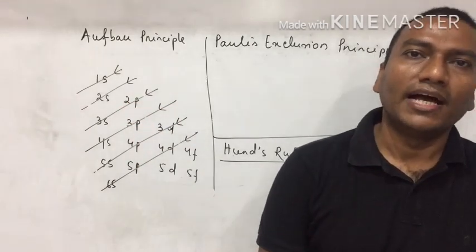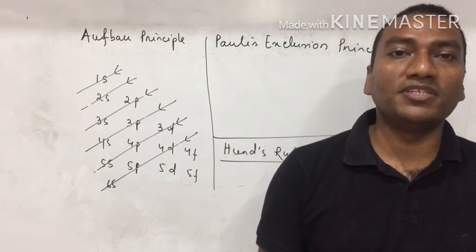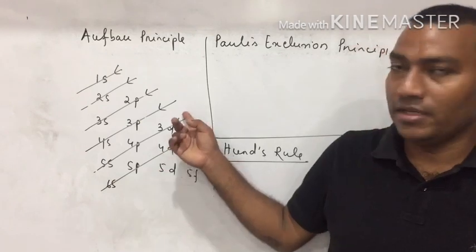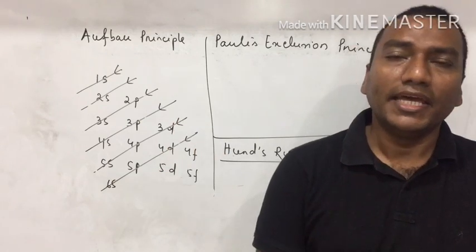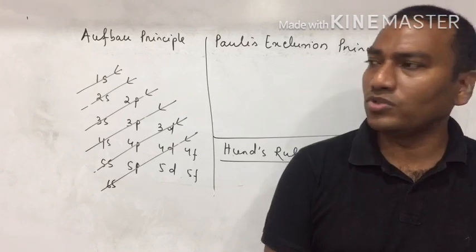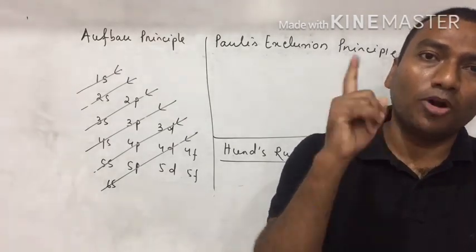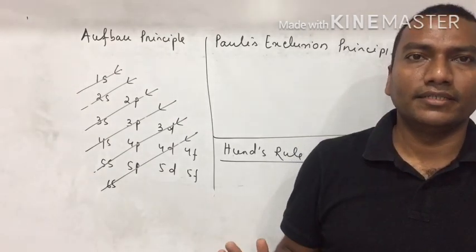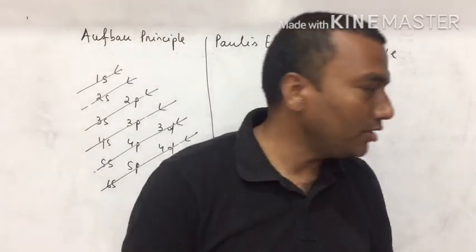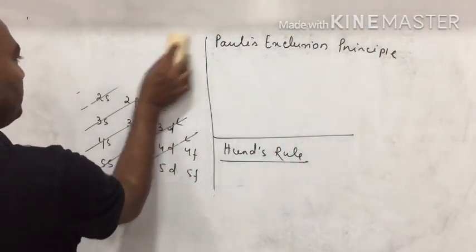Similarly, d subshell has 5 orbitals, each containing 2, so 5 twos are 10. So for d, maximum we can write 10. F subshell has 7 orbitals, so 7 twos are 14. That means for f subshell, maximum 14 electrons we can write. Clear now? So this is your Aufbau principle.